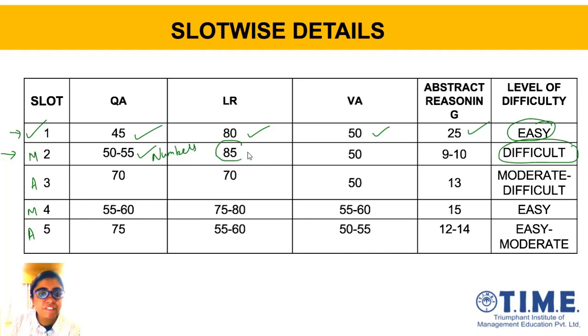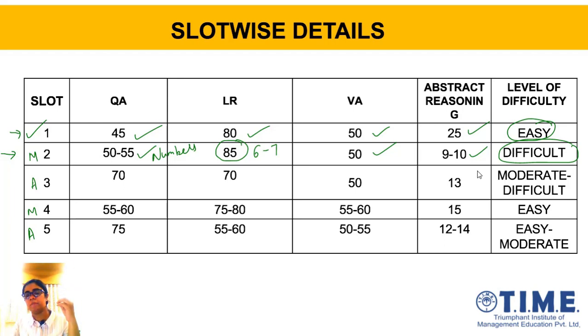But 85 questions were there in logical reasoning and there were around 6 to 7 puzzles. The difficulty level of the puzzles was high, which made the slot very difficult. Verbal was moderate and abstract reasoning was easy to moderate. So this was the most difficult slot across all the slots.